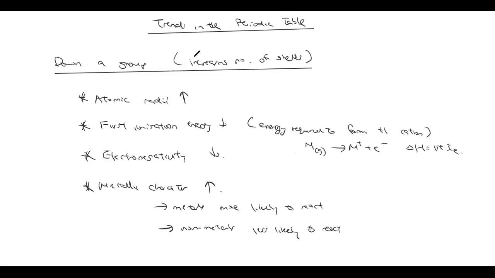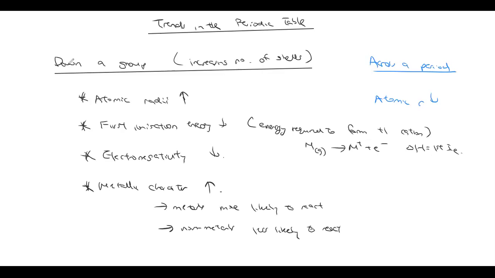Now, if you want a shortcut, when you go across a period, it's going to be the opposite. So when you go across a period, then atomic radius will go down.